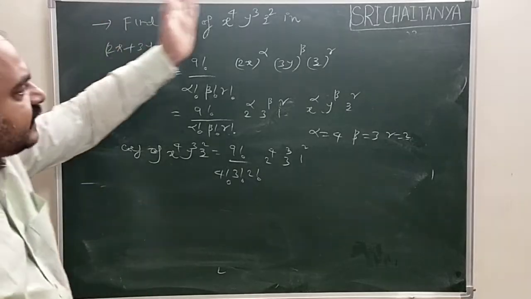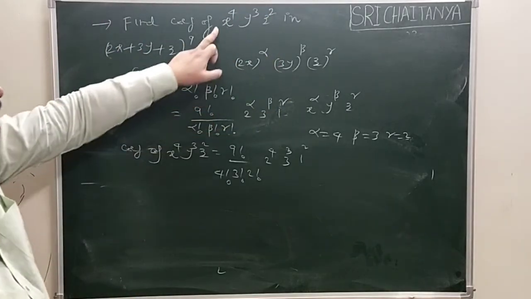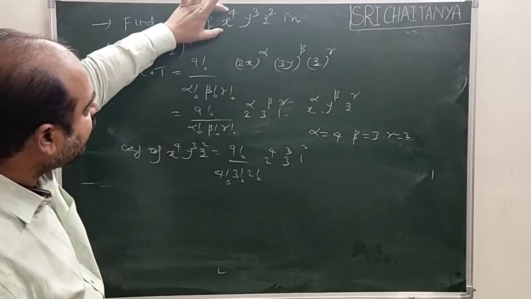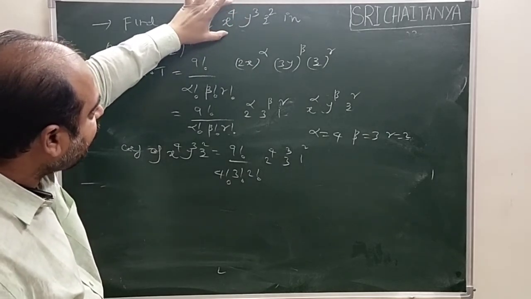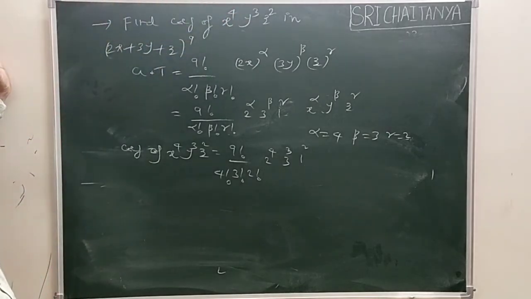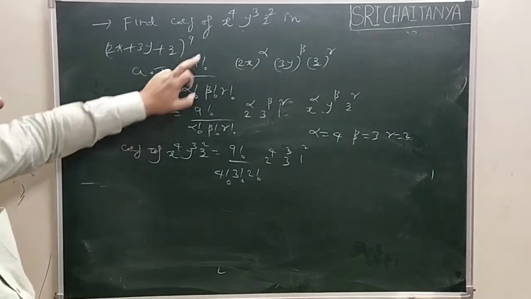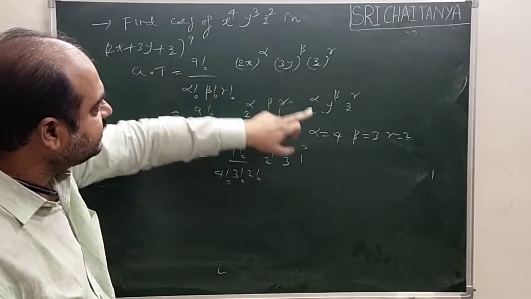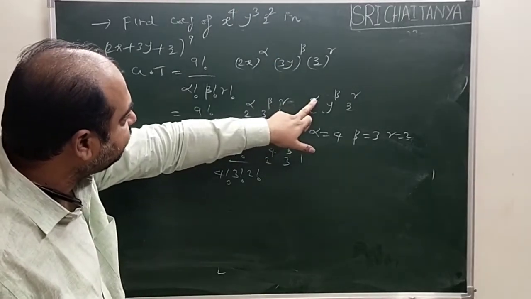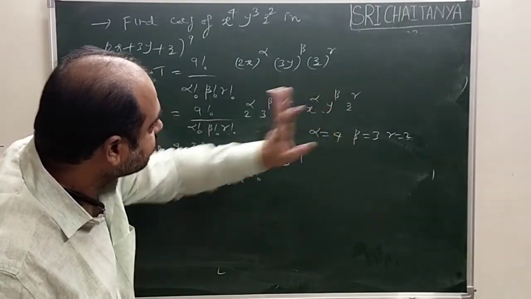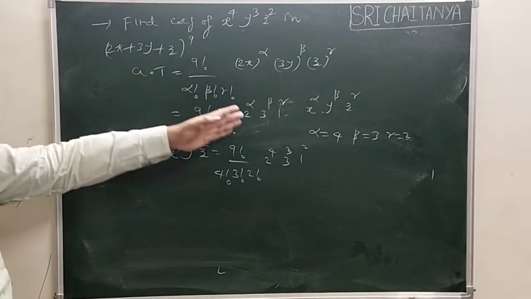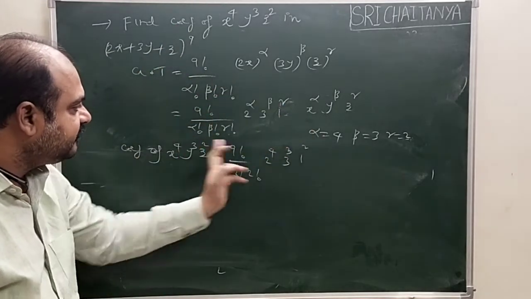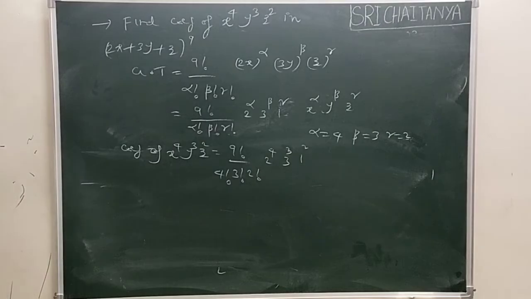How many terms is not necessary here. Only the coefficient of this, that means one term contains this. What is the constant before that? You have to calculate. First write the general term. What he is asking, just equate alpha equal to 4, beta equal to 3, gamma equal to 2. Then you will get that term, and the constant before it is nothing but the coefficient.